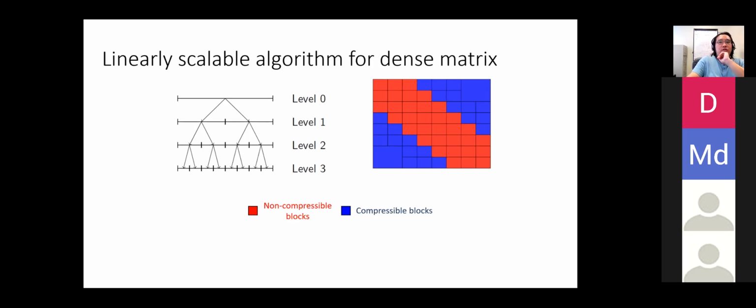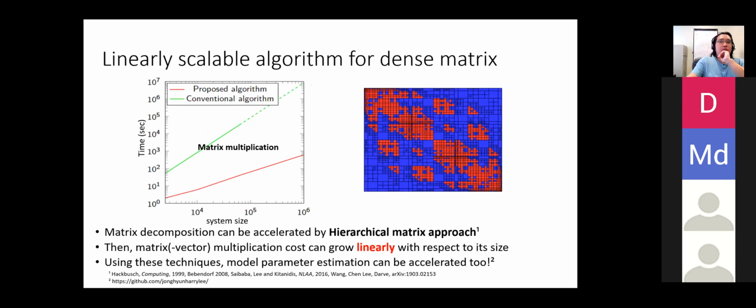So do it again, usually this one and again. At the end of the day, by doing this hierarchical separation, there is some portion that you can compress and other portions you cannot compress. This pre-processing step is very efficient and does not take a lot of time. Then you can save this dense, very high information matrix into compressible blocks and non-compressible blocks. The red non-compressible blocks you save with real numbers.